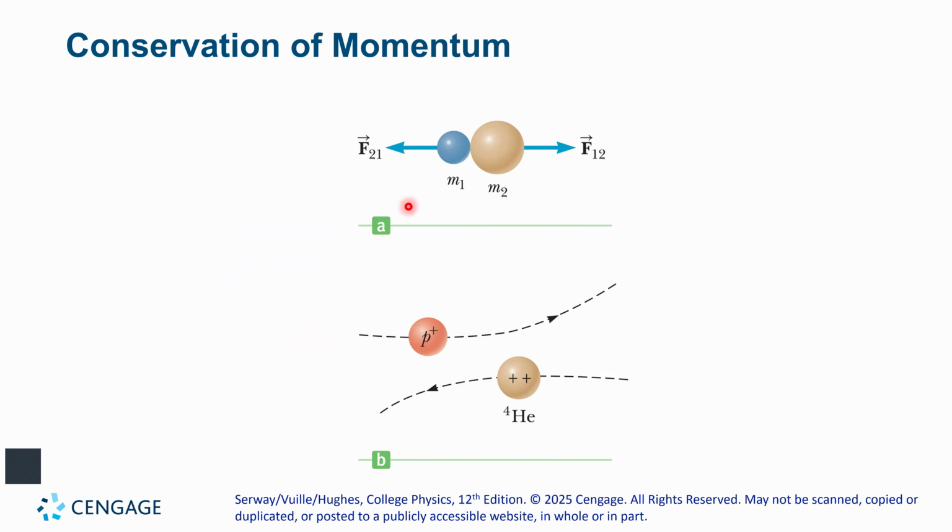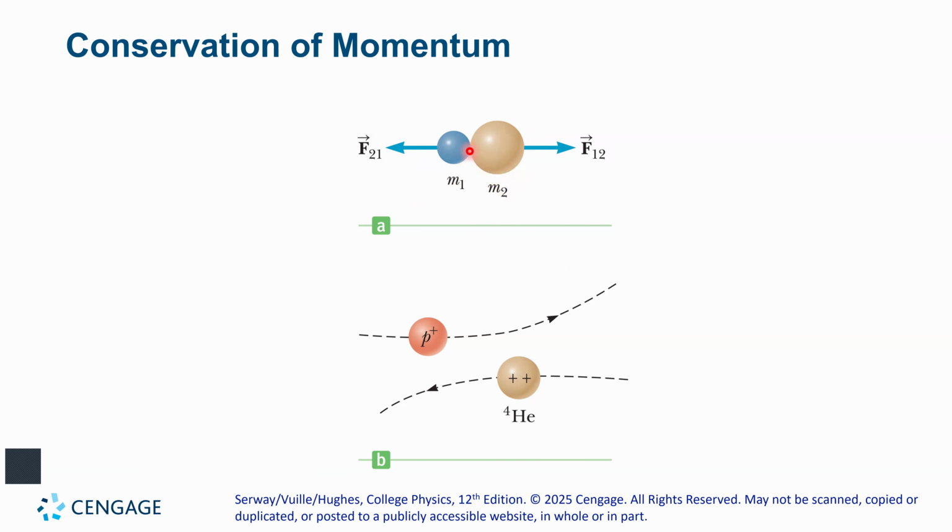Okay, now we come to the momentum of a system, parts of which interact with each other. Here are examples of two bodies that each have their own individual momentum, and they undergo an internal interaction within the system.